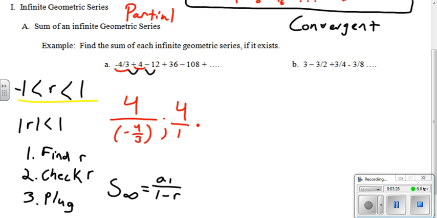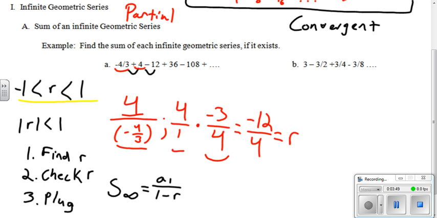So we'd say multiplied by -3 over 4. So we did 4 over 1 divided by -4/3. It's the same as multiplying by -3/4. So in the end we have -12 over 4, which means our R value is actually equal to -3.